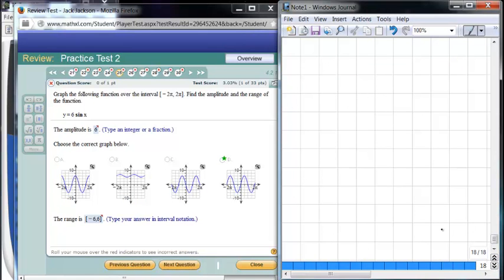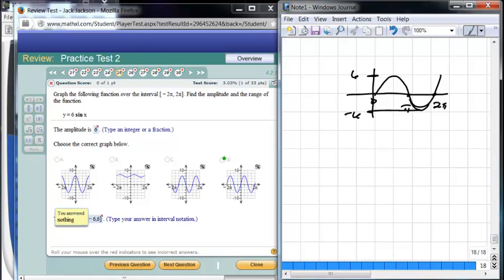Six sine of x, it's just going to look like a regular sine of x, but it's going to be 6 times as tall. So when it does this little deal here, it's still going to go over the same places, 2 pi, pi, and 0 for where it crosses the x-axis, but now it's going to go up to 6 and down to negative 6. So which one does that?